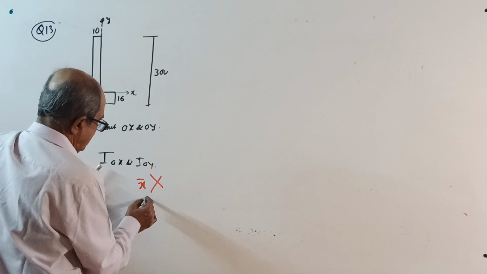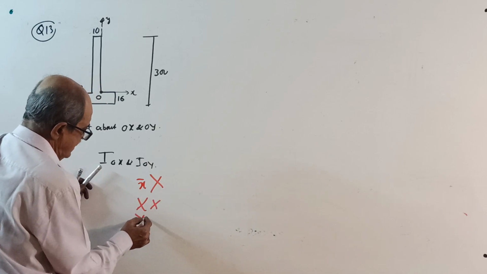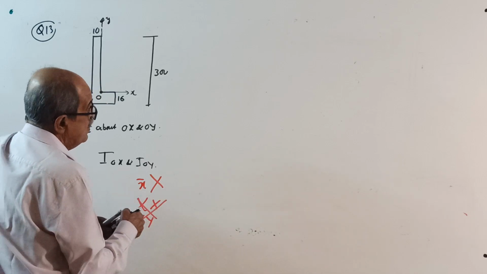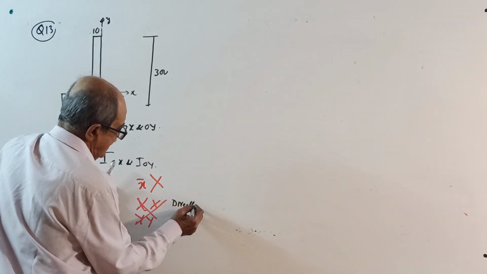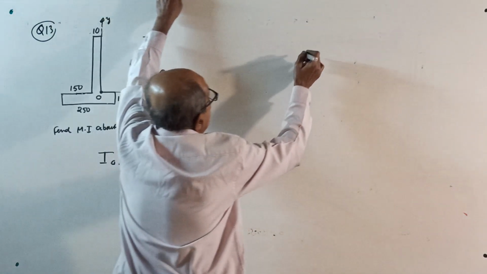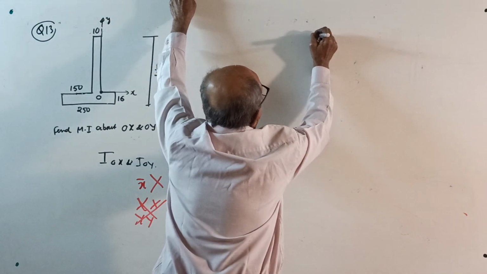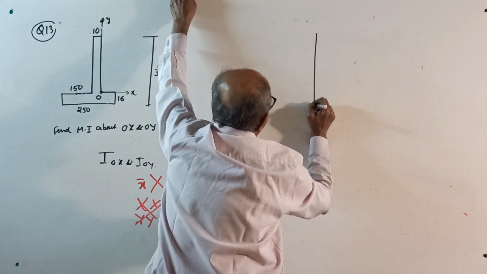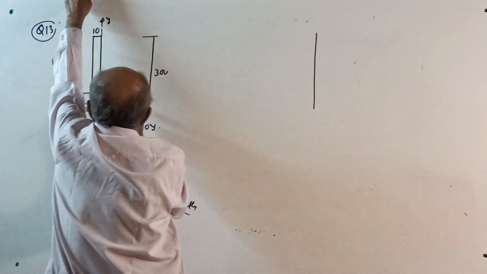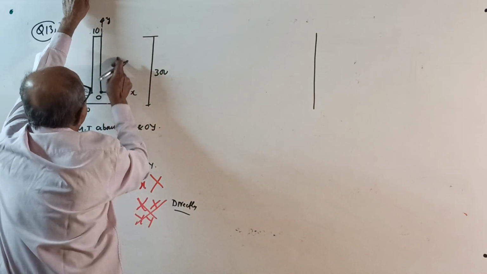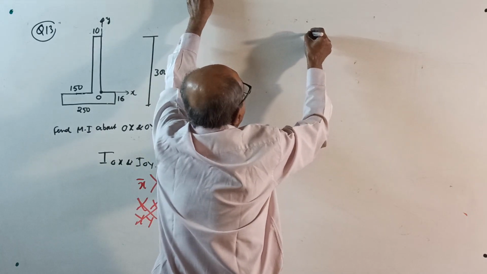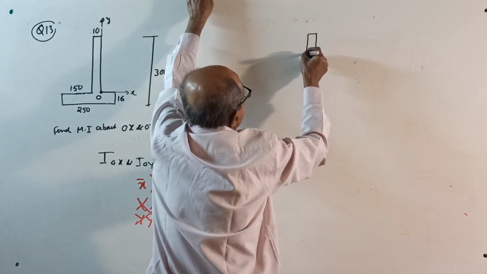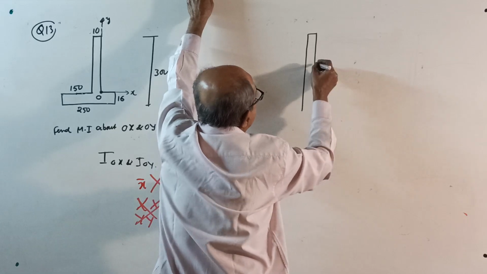X bar not required. Locating XX, YY also not required. Directly start. This is how much? 300 given here. This is 16. So this rectangle is 284. 10 by 284.